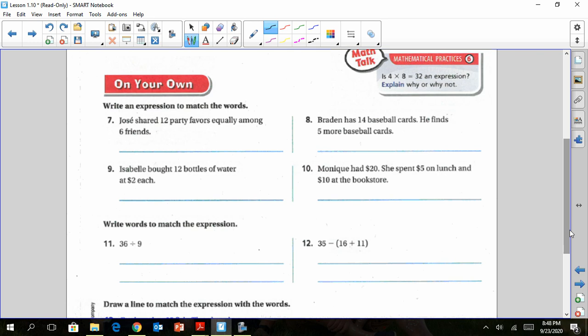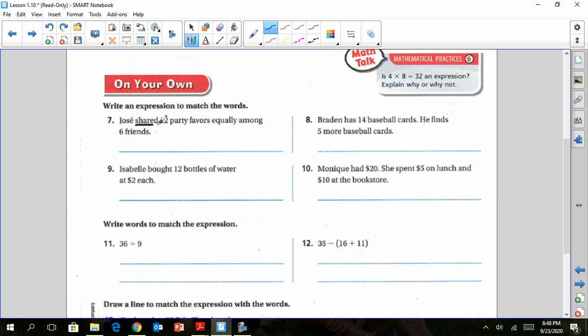Again, here's another opportunity if you would like to pause this and work questions 7 through 10 out. You may do that now. As we look through number 7, Jose shared 12 party favors equally among 6 friends.